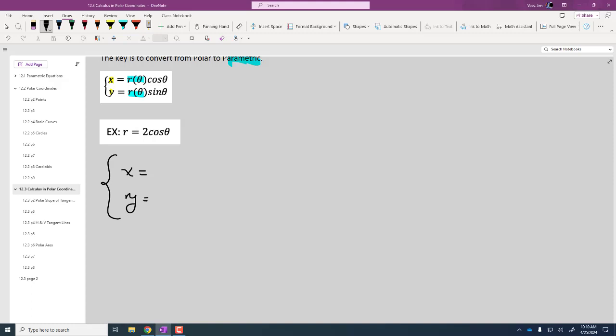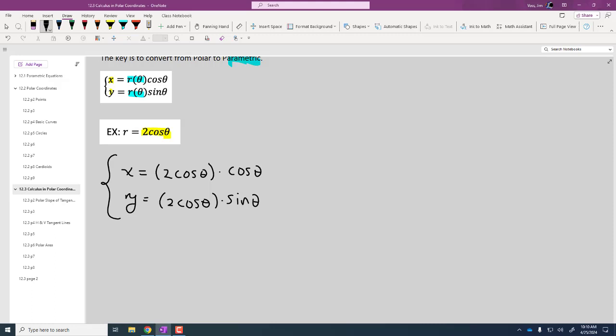So parametric says x is equal to r, this is r, times cosine theta. So r times cosine theta. And y is equal to r times sine of theta.